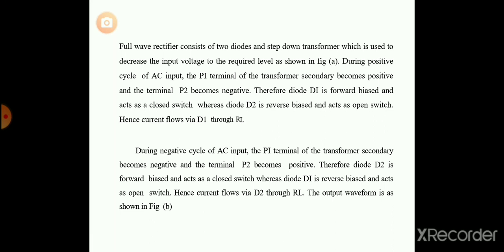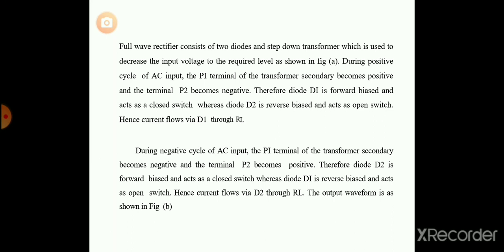During the negative half cycle of AC input, the P1 terminal becomes negative and terminal P2 becomes positive. Therefore, D2 is forward biased and acts as a closed switch, whereas D1 is reverse biased and acts as an open switch. Hence, current flows via D2 through RL. The output waveform is shown in the figure below.